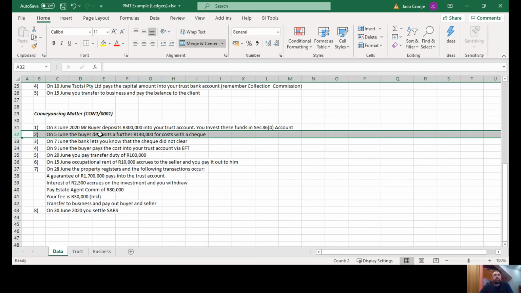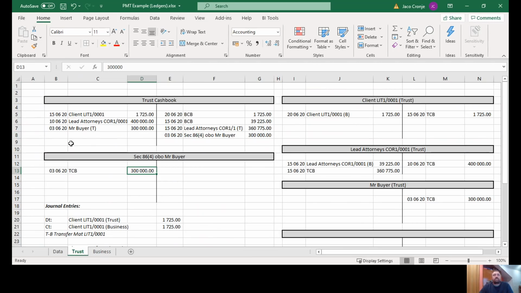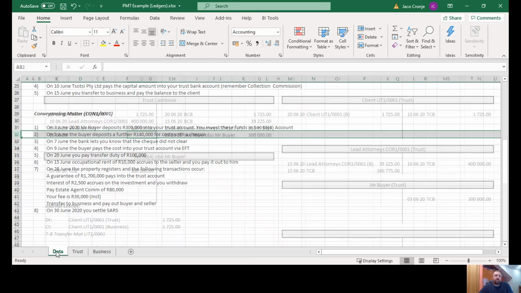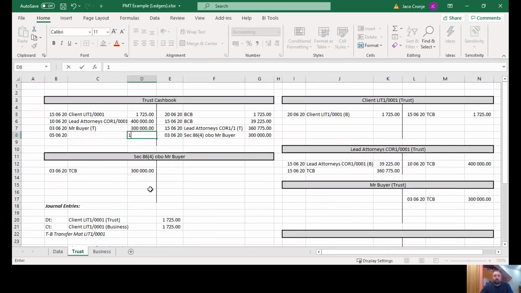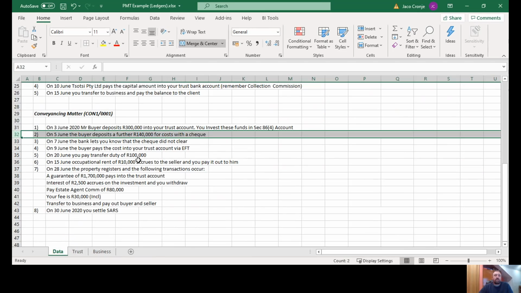On the 5th of June, the buyer deposits a further 140,000 Rand for costs with a check. So the moment I receive the check, I have to account for that check. I can't wait for it to clear. So on the 5th of June 2020, I'm going to account for the check of 140,000 Rand. Paid that in, Mr. Buyer.